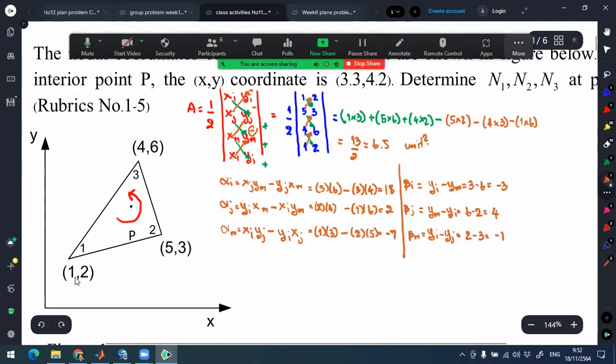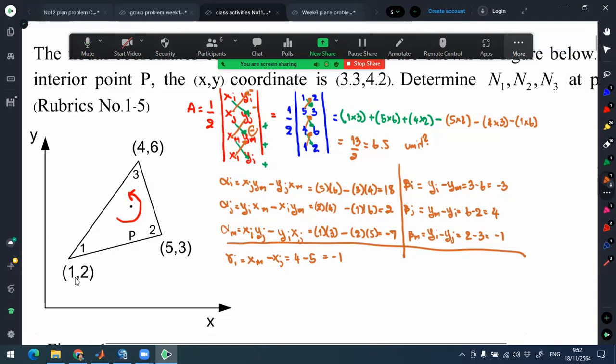All right. Finally, we find gamma. Gamma i is equal to xm minus xj, which is 4 minus 5, equal to -1.